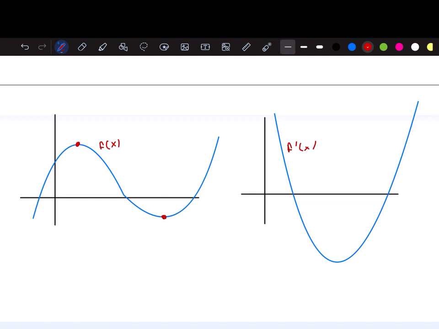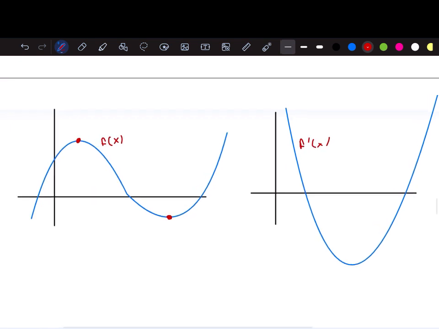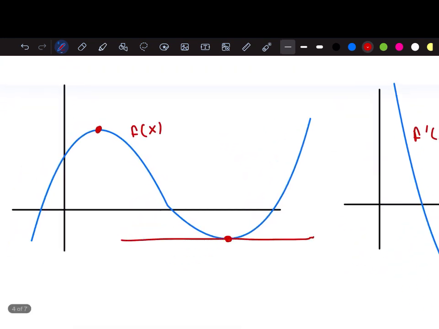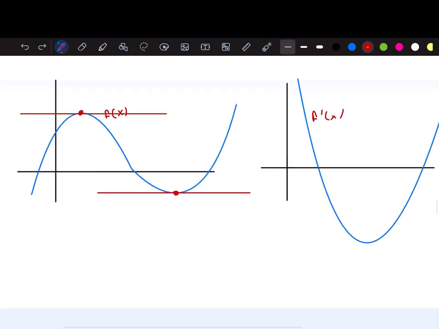How do we find the turning points? Well, turning points have a unique property where the slope at the turning points is equal to 0, and they're the only points in which you can get the slope equaling 0. Anywhere else, it's going to have a slope that looks like that, or even that, or anything like that. So that's how we'd find them.